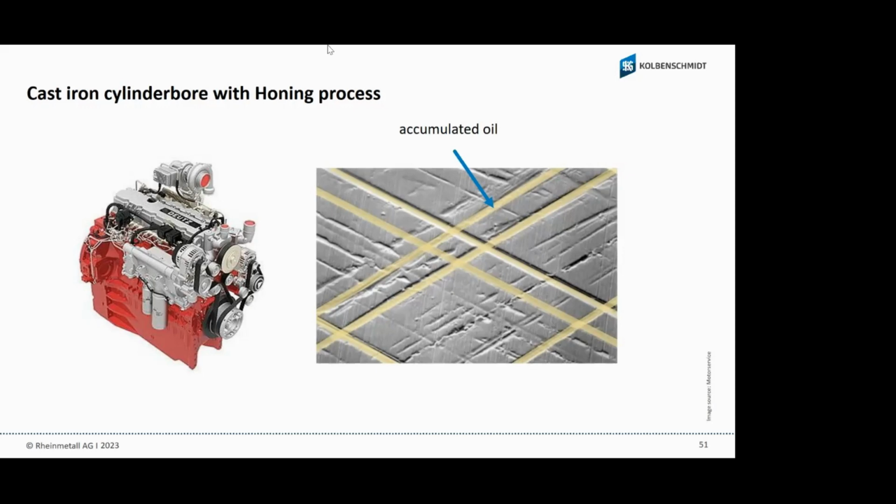When this is not right, the oil cannot drop down to the oil pan, so we have too much oil on the surface, and then oil comes back to the combustion side. This is why we need the right honing process.